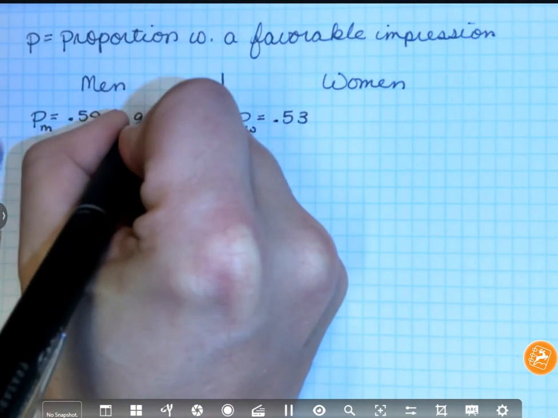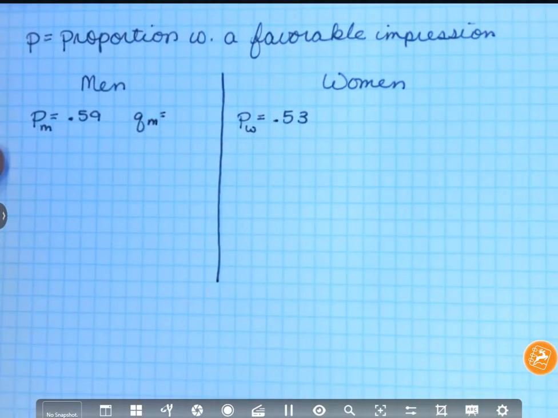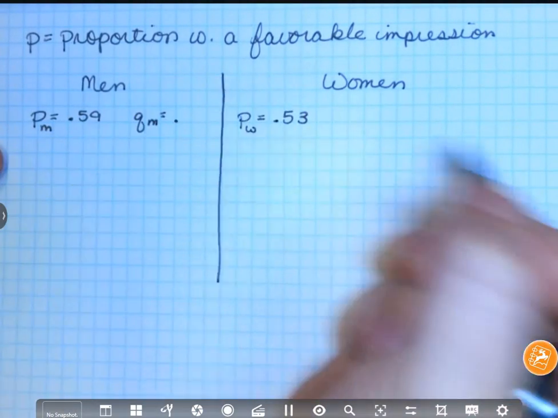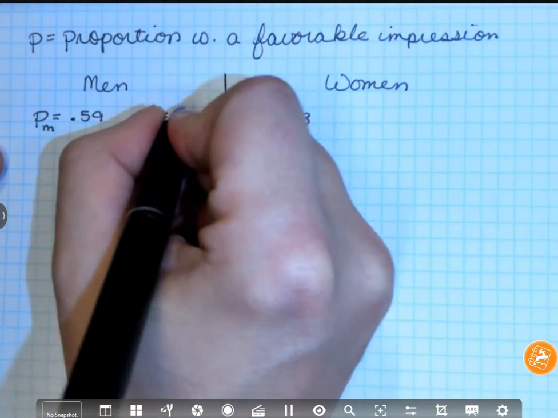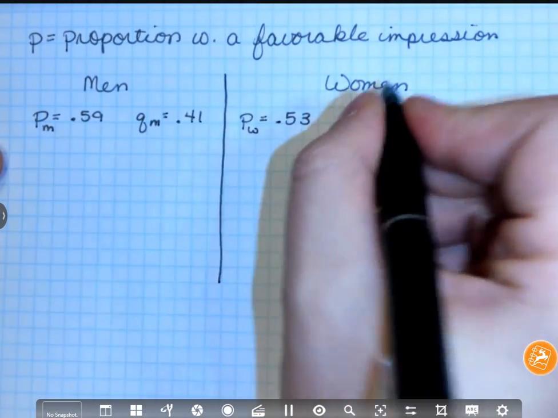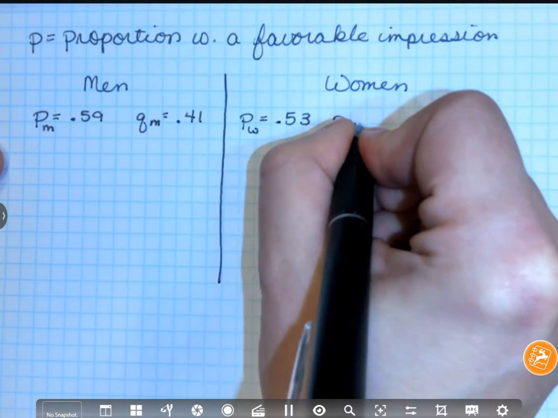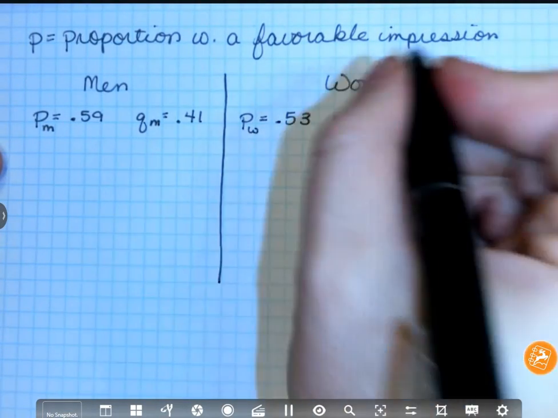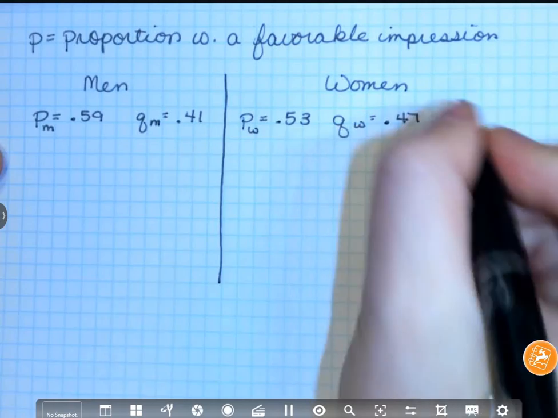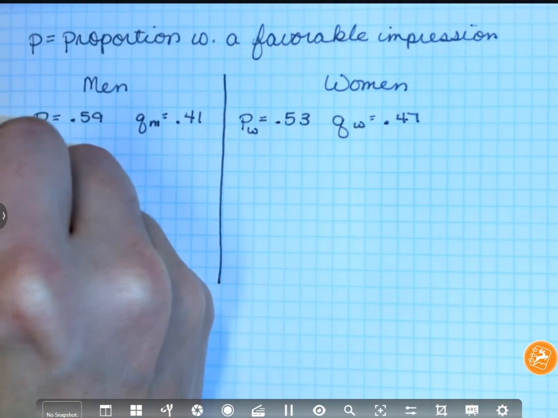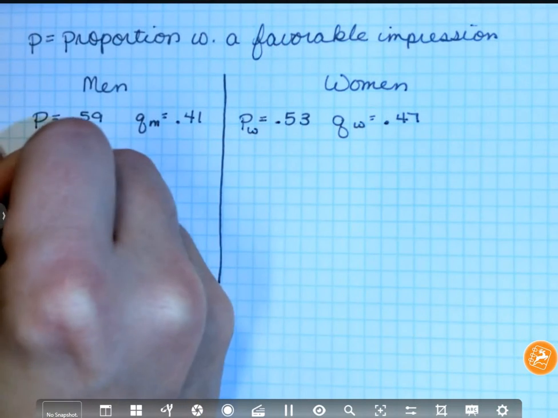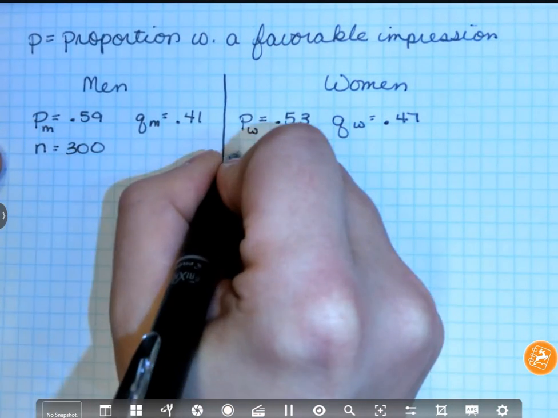And then if that's P, what would Q be? One more time. 0.41. And what would Q be for the women? 0.47. How many men were there? How many women were there?